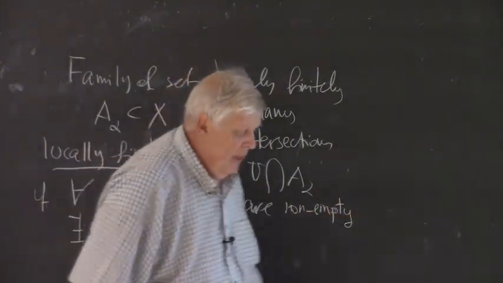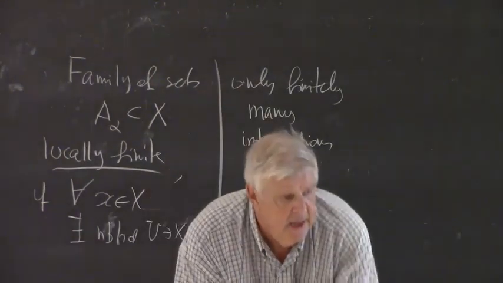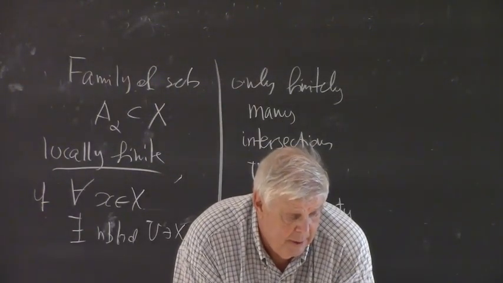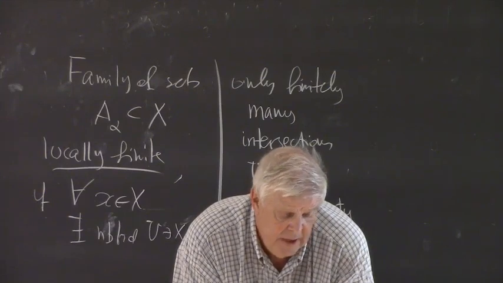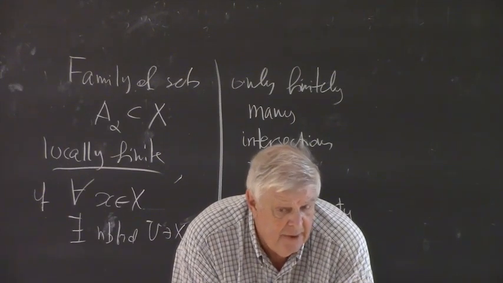If this family of sets is a covering, an open cover, then we say that this open cover is locally finite. But actually, any family of sets may be locally finite.